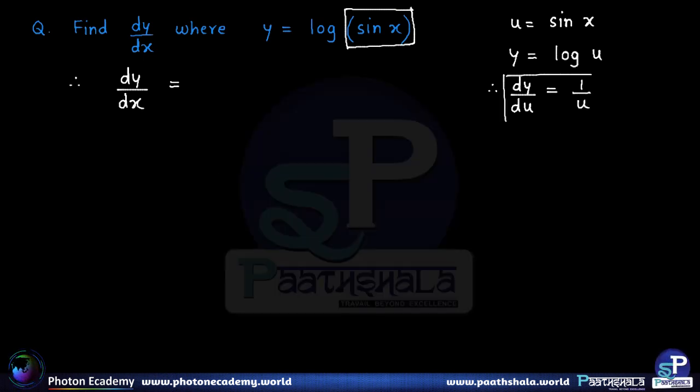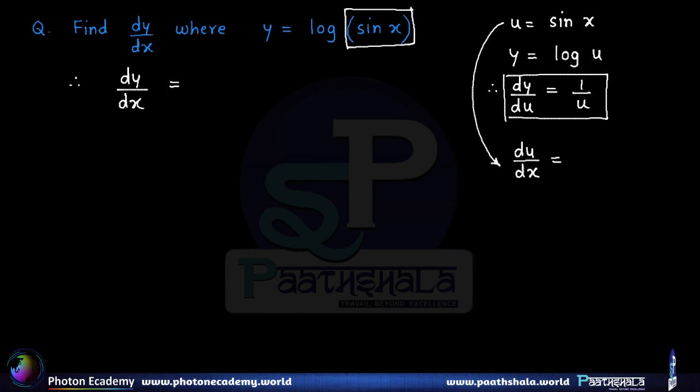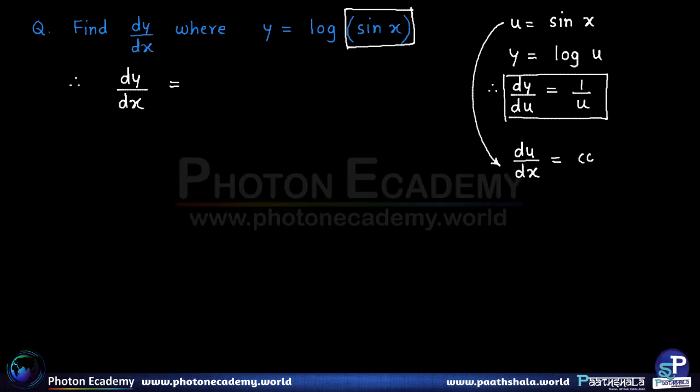Now next we have to find du by dx as per the chain rule, and since u is sin x, the derivative of sin x with respect to x is cos x. So we have found the individual 2 derivatives in the chain.